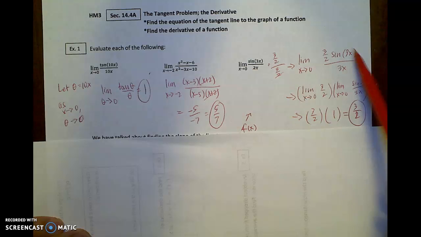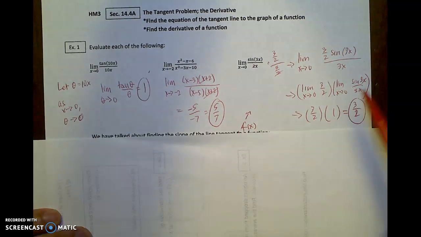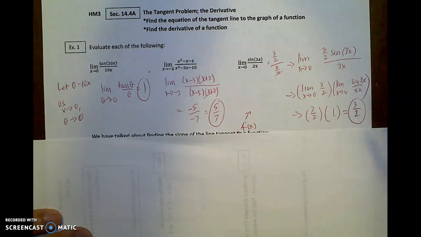Now I'm going to take a different view of my limit. Here the limit of this function looks like this now. Again, I'm using those properties from the previous lessons. I can split this up as the product of two limits: the limit as x approaches 0 for the constant, times the limit as x approaches 0 for this combination of sine 3x over 3x.